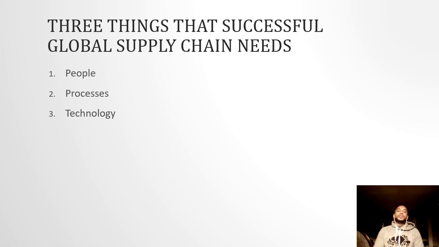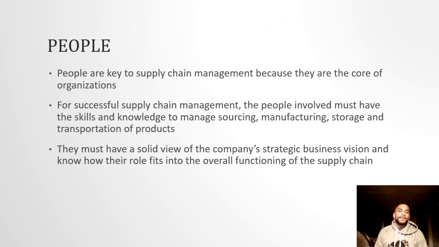Okay, three things that a successful global supply chain needs: people, processes, and technology. Seems pretty straightforward. People. You can't really run any business these days without having the right people. You have to have the right people in management.